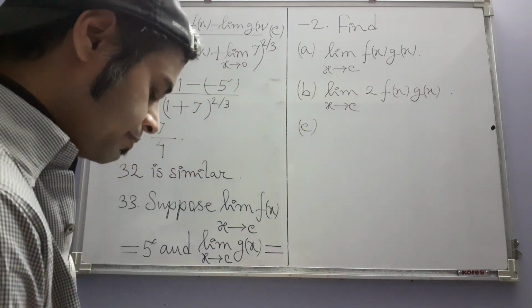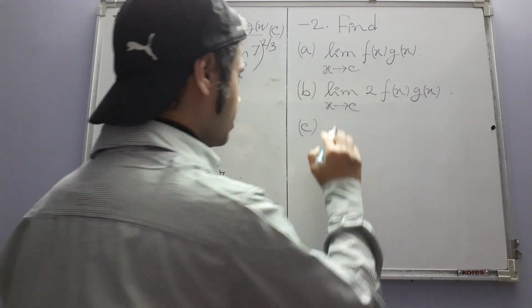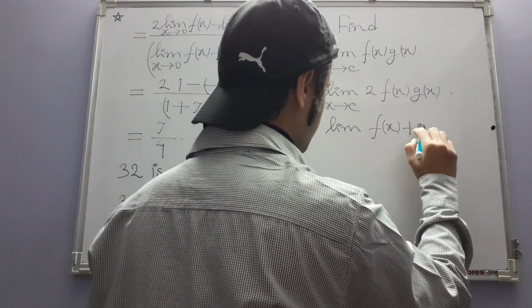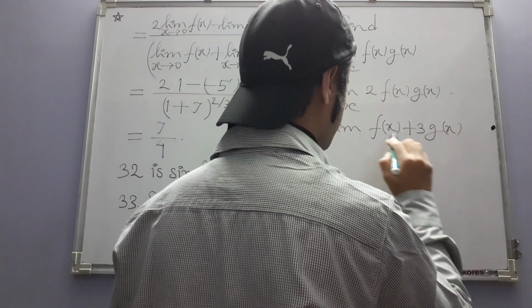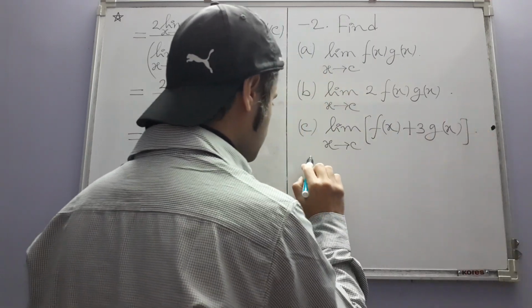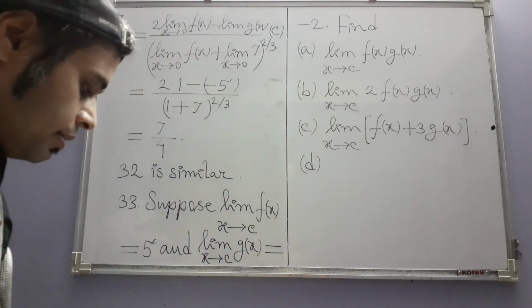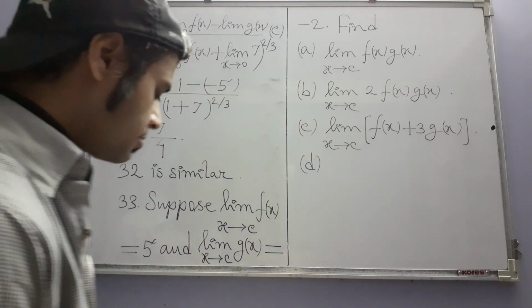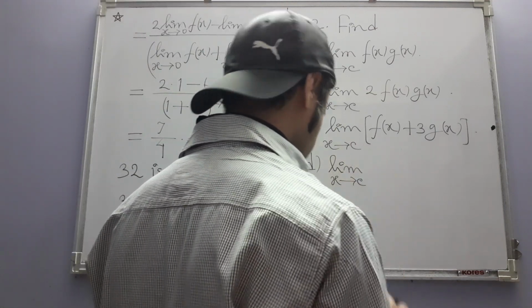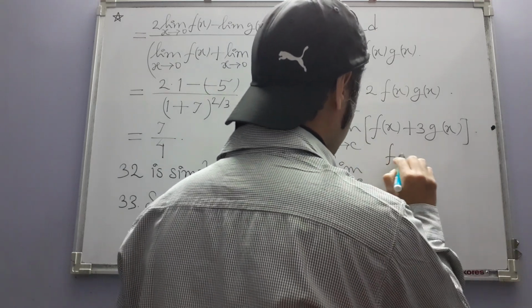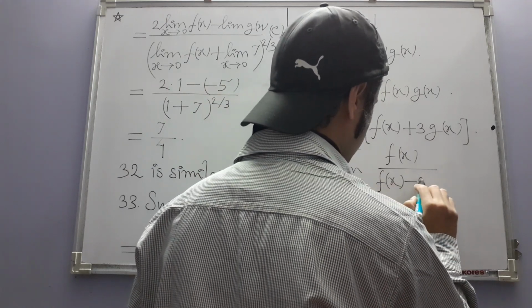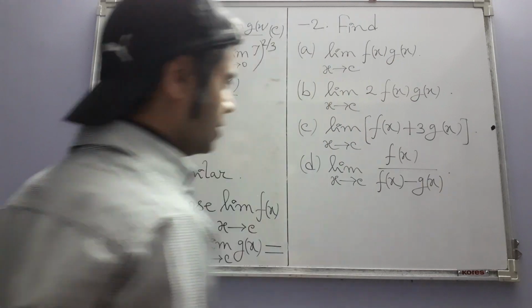Part C. Limit of f of x plus 3 times g of x as x approaches c. And part D is limit of f of x divided by f of x minus g of x.